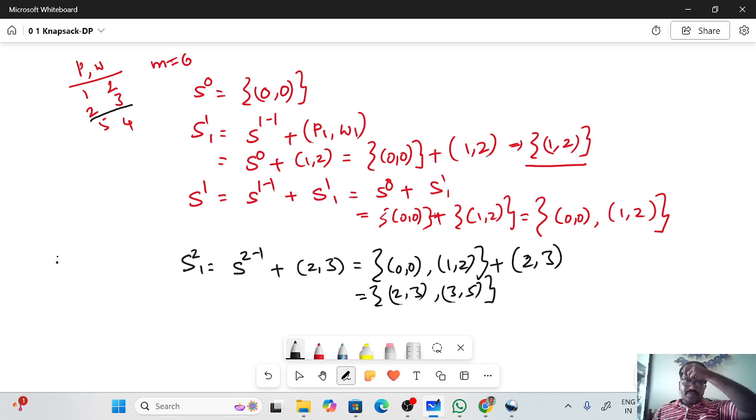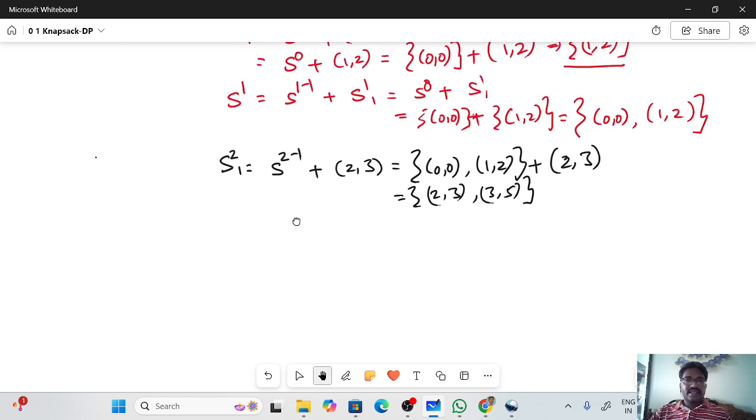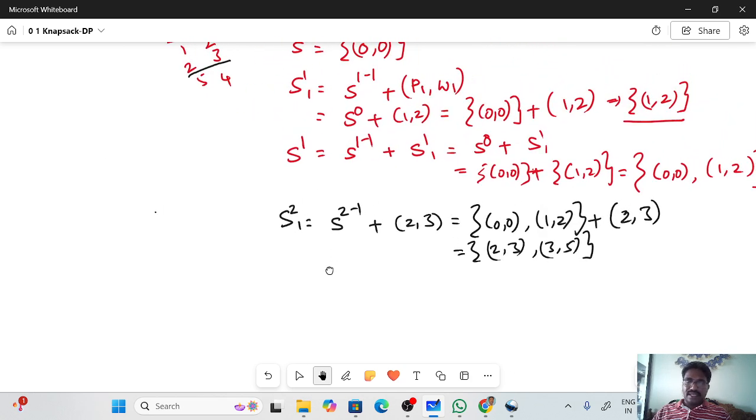When you get these pairs, you must observe the weights. Are they less than 6? Yes. Less than or equal to 6? Yes. What about the second condition? The weight is increasing, and the profit also increases. Yes, the dominance rule is not possible to apply. Now once you find that set, you can find the S2 set. So what is the S2 set?